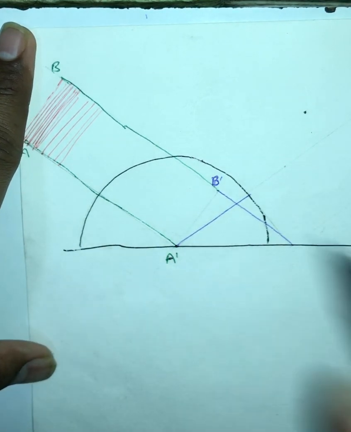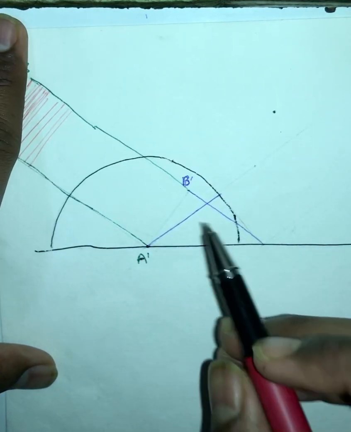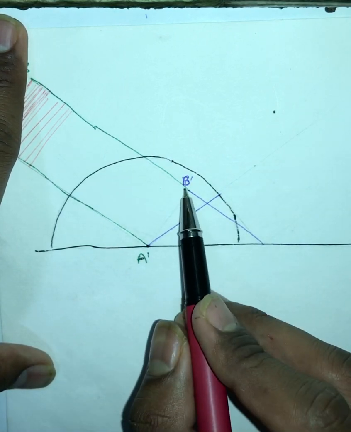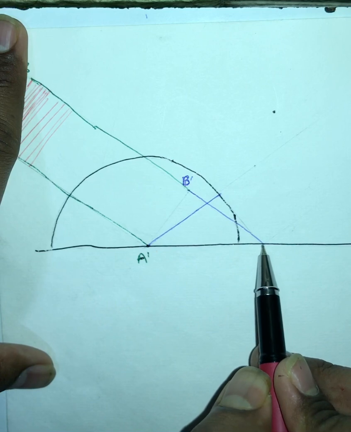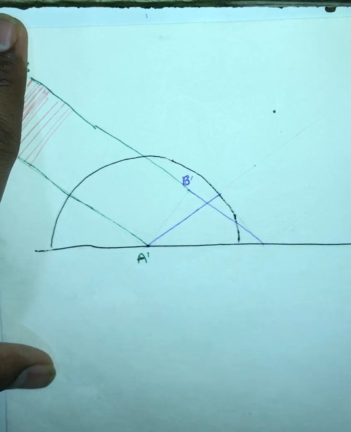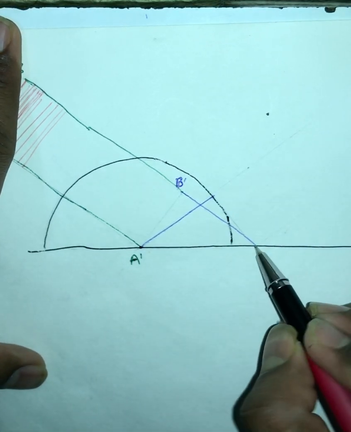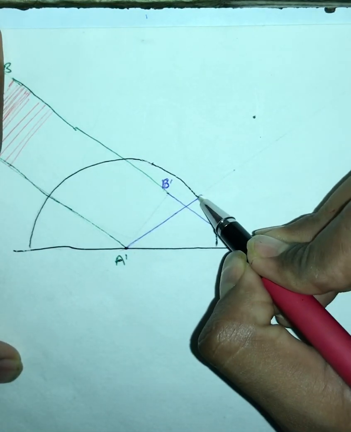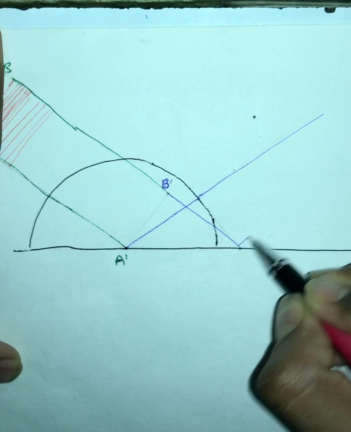Over here you need to keep one thing in mind, that the time taken by A dash to reach the wavefront and the time taken by B dash to reach the reflecting surface is the same. So after reaching the reflecting surface, B dash and A dash will both now move simultaneously from here on.